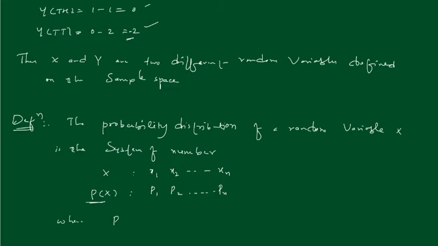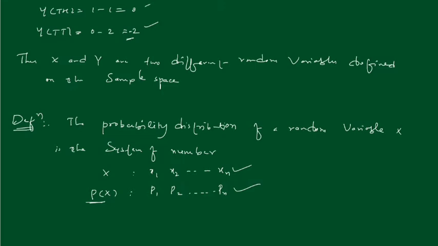So here the probability distribution of a random variable x is a system of numbers where x equals x1, x2, so on up to xn, and the probability distribution with respect to the sample space is p1, p2, so on up to pn.